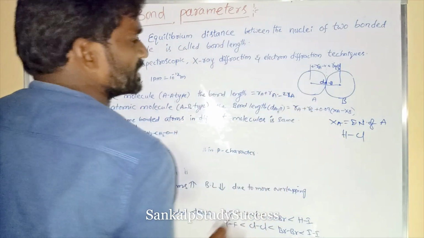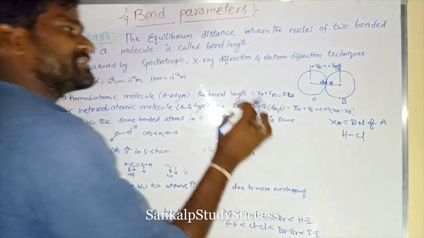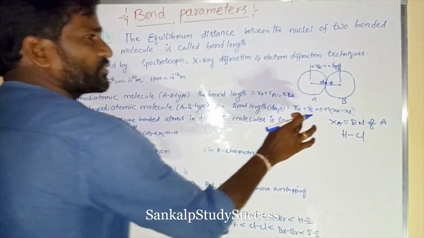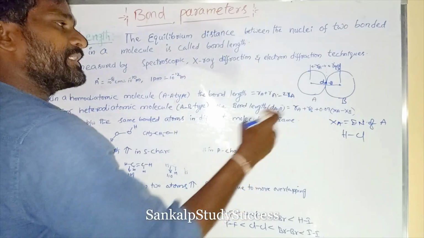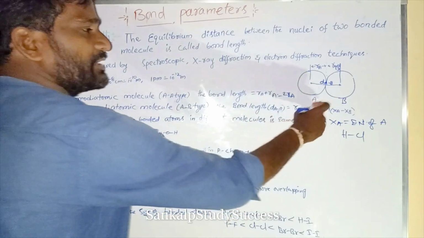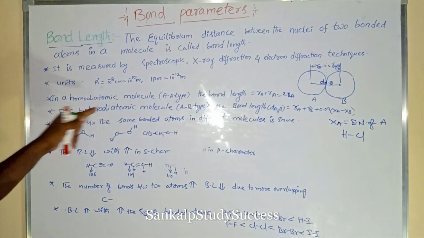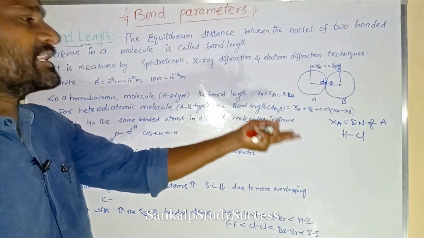So 0.09 is a constant value. It varies with elements in a period. This 0.09 is the constant for second period elements. If we take third period elements, that value varies. So a heterodiatomic molecule means the two atoms in the molecule are different.